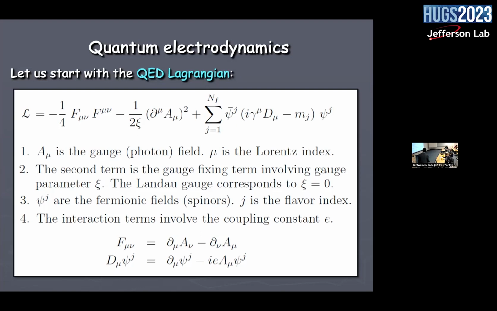Here mu is the Lorentz index, but once it disappears, it will appear as something else, the renormalization scale. So the second term is the gauge fixing term, and psi are the fermionic fields, which are the spinors. This is F mu nu explicitly, and just a reminder of what the covariant derivative is in quantum electrodynamics.